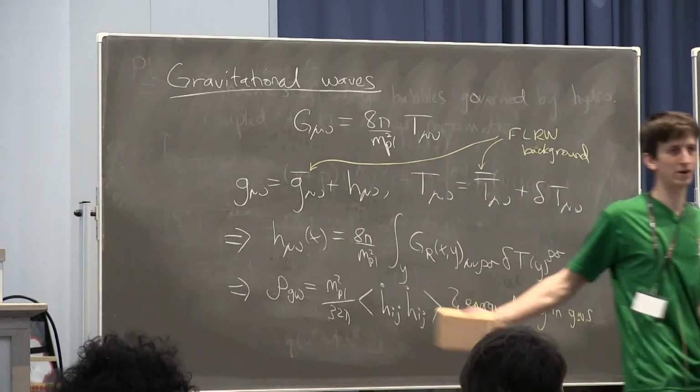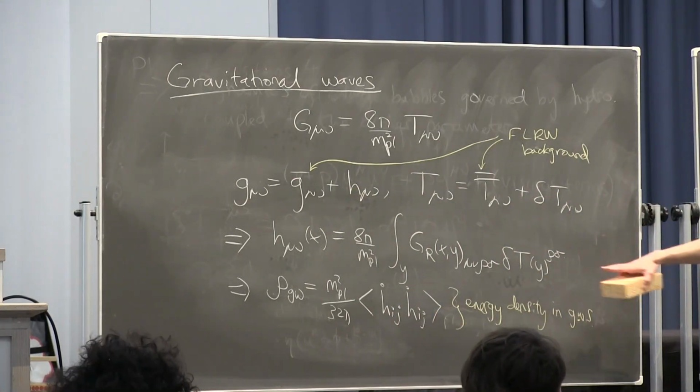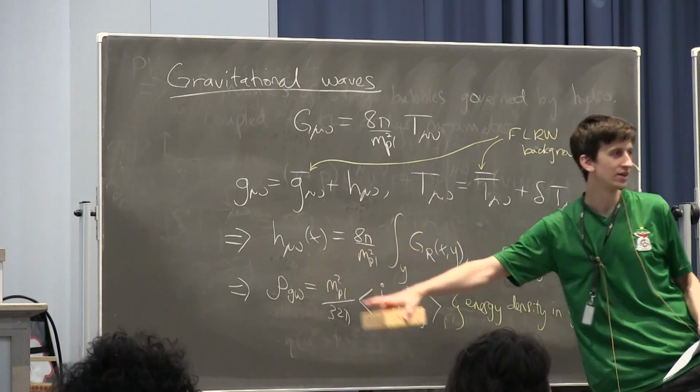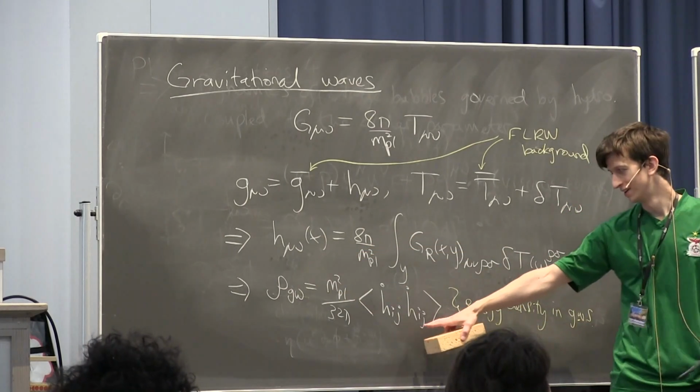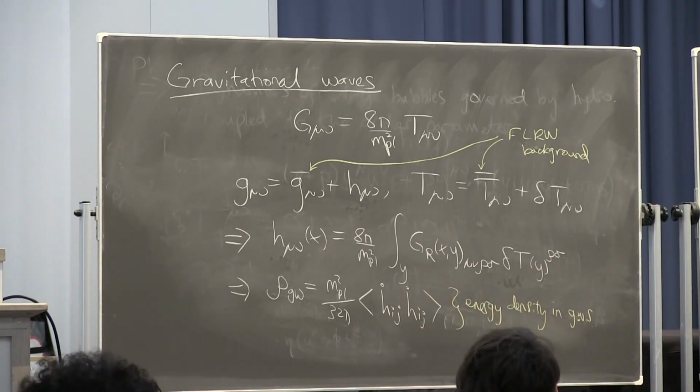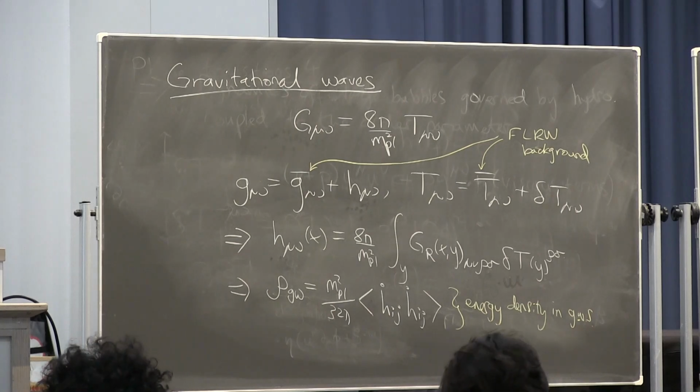And then if we've done our numerical simulations, we've worked out what T mu nu is, then we can do an integral and get what h is, and we can do some more integrals and get this. So from your simulations with T mu nu, you can find out what the energy density in gravitational waves produced by your simulation is.